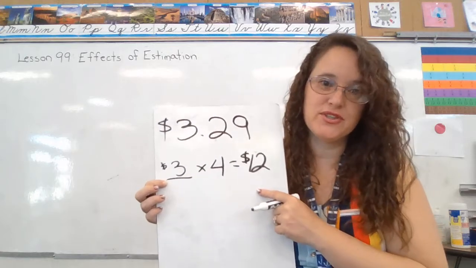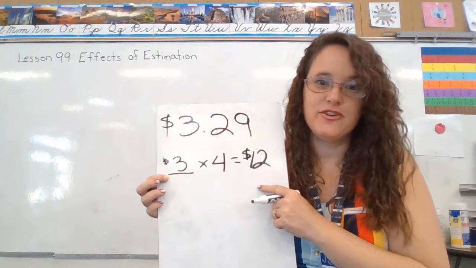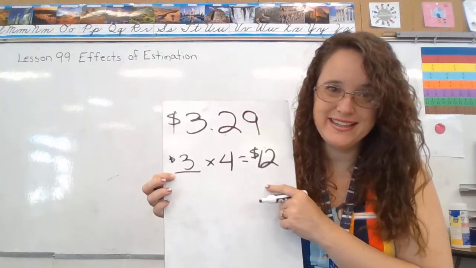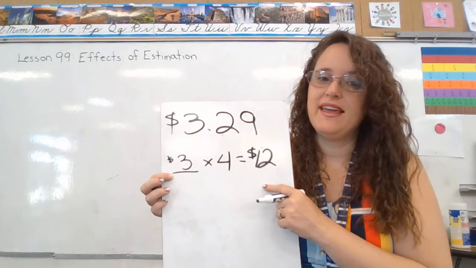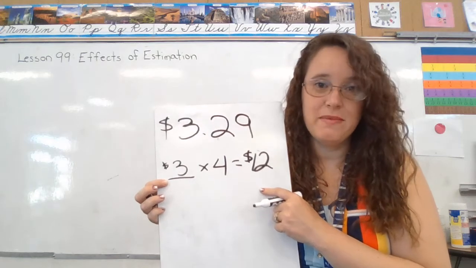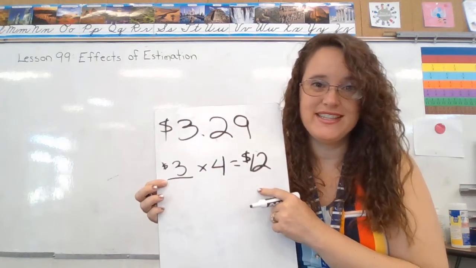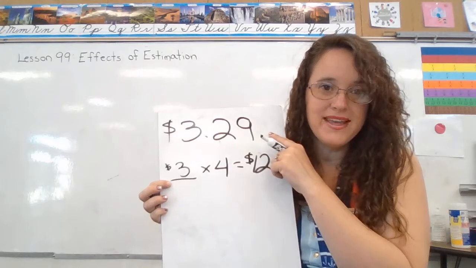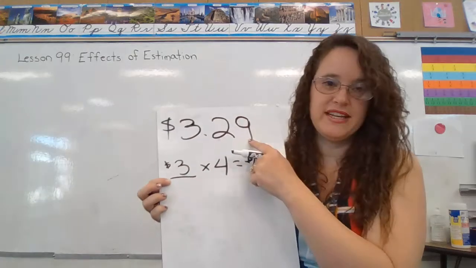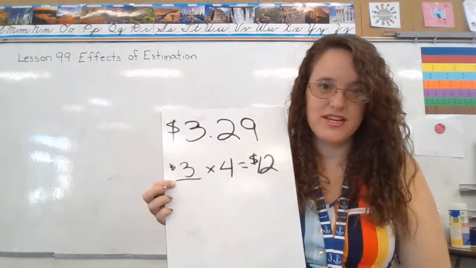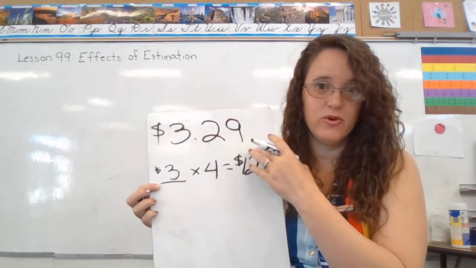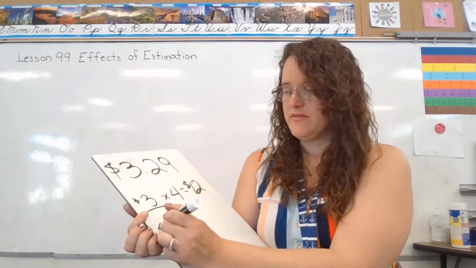But if you walk into a store with $12 and your total is actually, in this case, going to be a little more than $13, then they're not going to let you walk out of there with all 4 books. So with money, when you're shopping, it's a good idea to always round up. That way you'll know you have enough money. So even though this is $3.29 and it rounds down to $3, if I were shopping and this was the price and I wanted to buy 4, I wouldn't do $3 times 4.